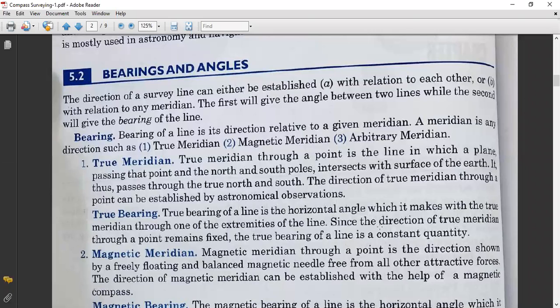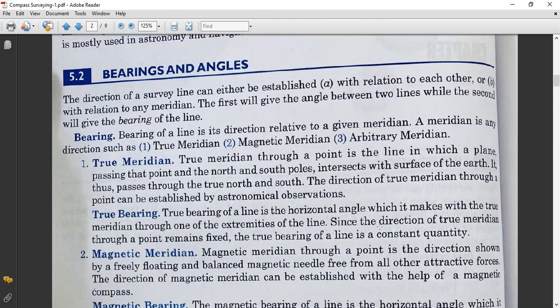using two conditions. One is with relation to each other. If you have two survey lines and you are establishing the direction of those two lines, that gives you the angle between the two survey lines, which is called the angle.